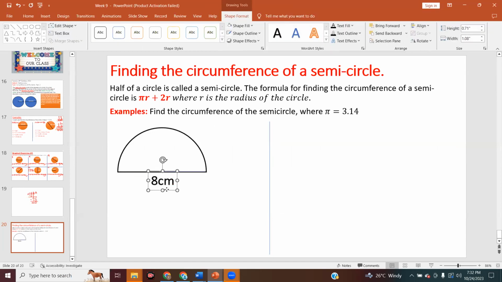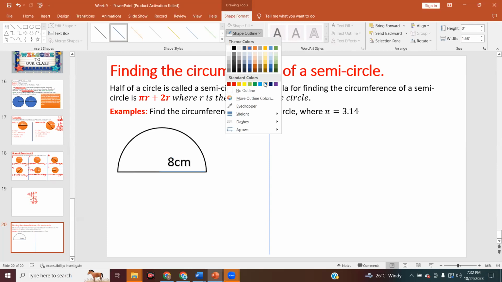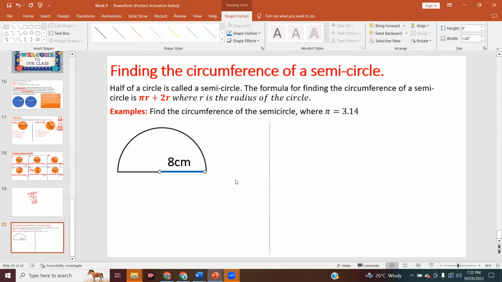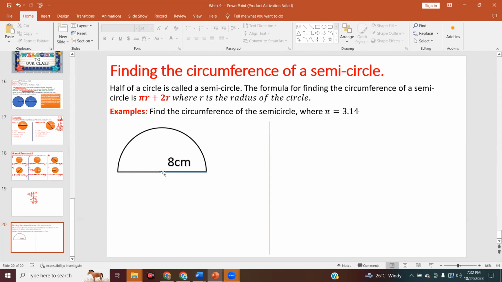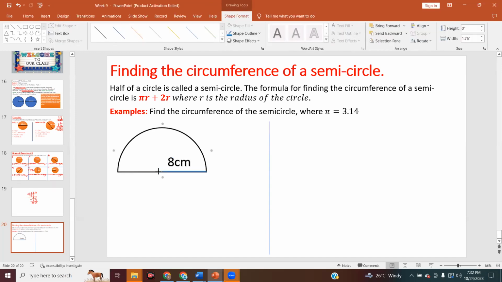So let's say that from here to here, it's 8 centimeters.